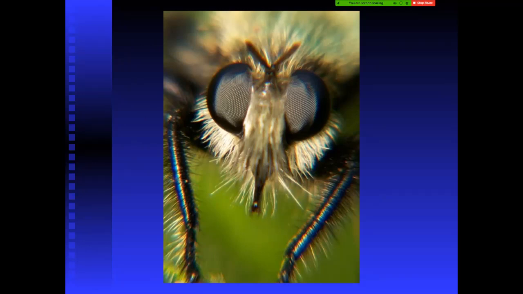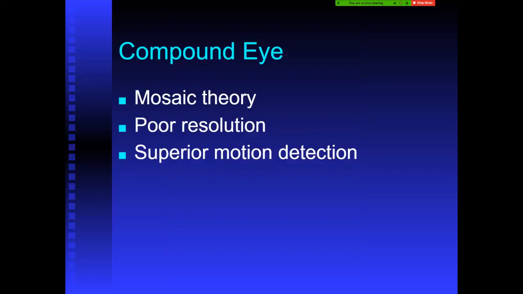I mean, it's presumed that they're not seeing in HD, let's put it that way. But as you know, they are effective for this housefly not to be swatted by you. So they are effective and probably mandatory for their body size. So they have superior motion detection, but poor resolution.